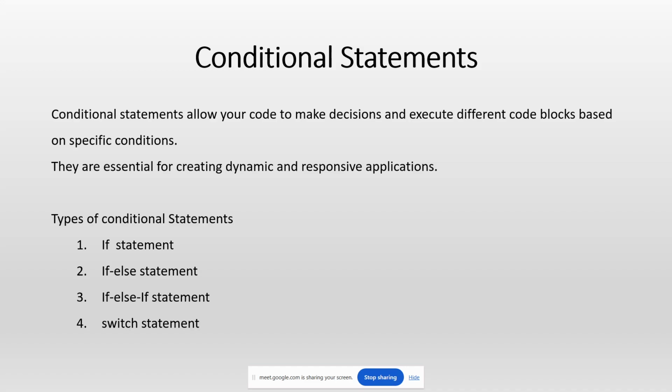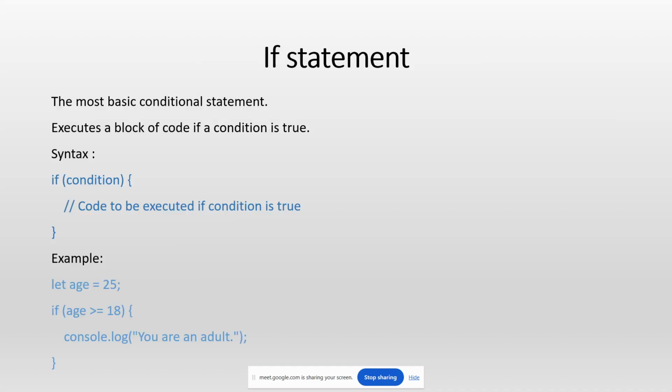So coming to the if statement, it is the most basic one in the conditional statements. What it does is execute a block of code if a condition is true. What it is trying to say is, if the condition is true, the block of code is going to get executed, right?